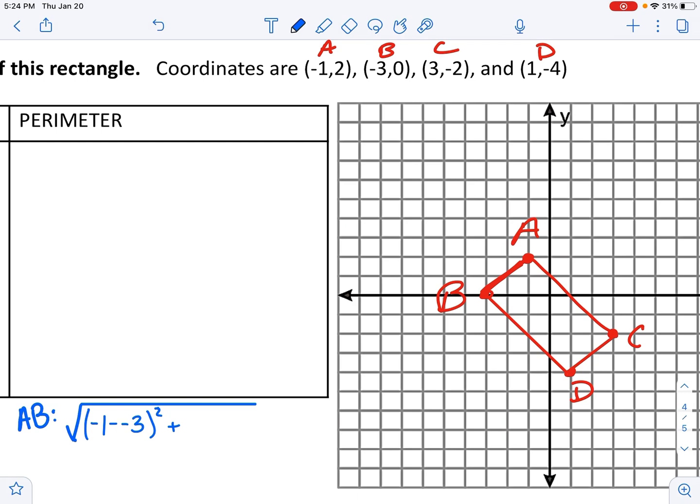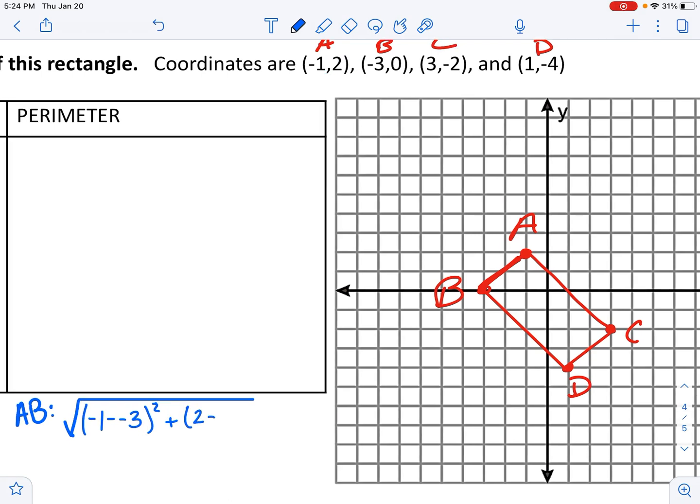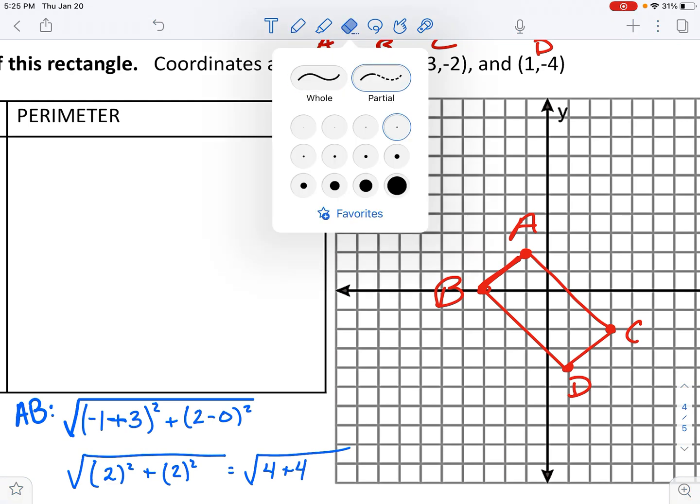Now, because I started with -1 on the left, I'm going to have to start with 2 for my y, minus 0 squared. So this is AB. And of course, I can simplify this to get the square root of 2 squared plus 2 squared, which is the same thing as saying the square root of 4 plus 4.